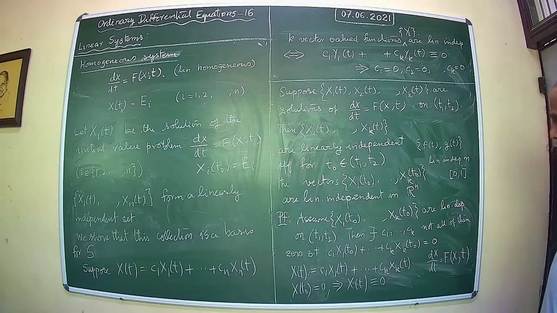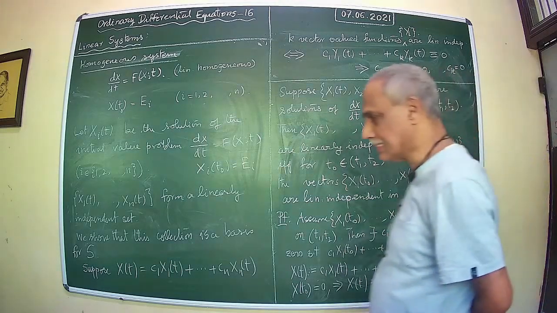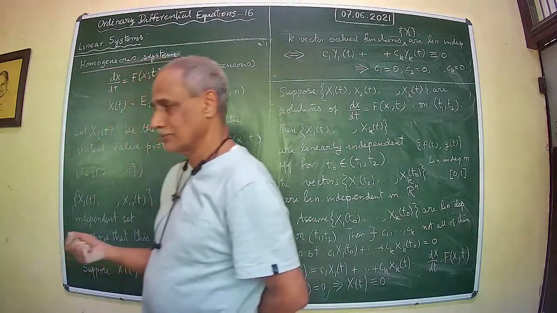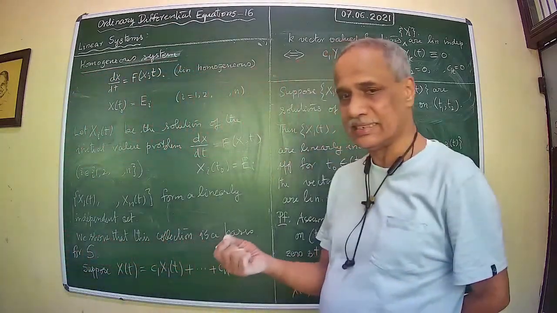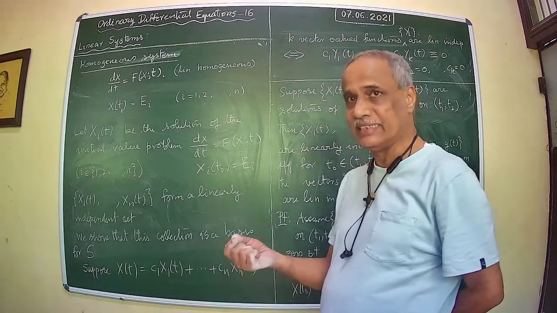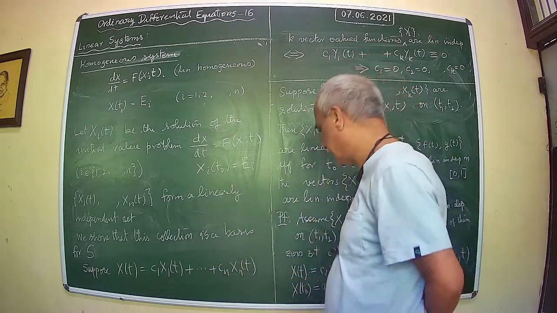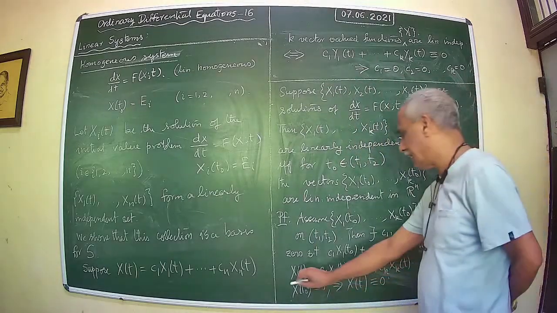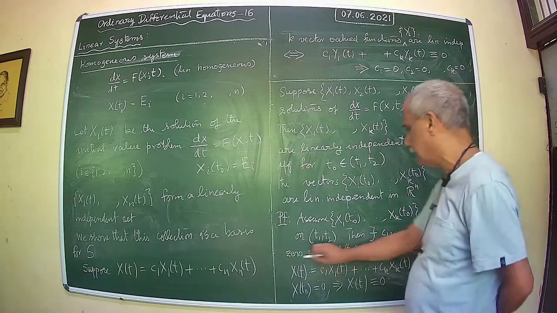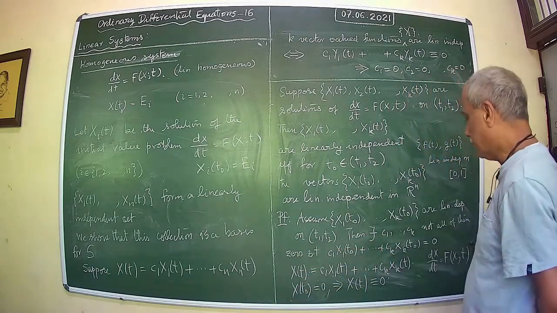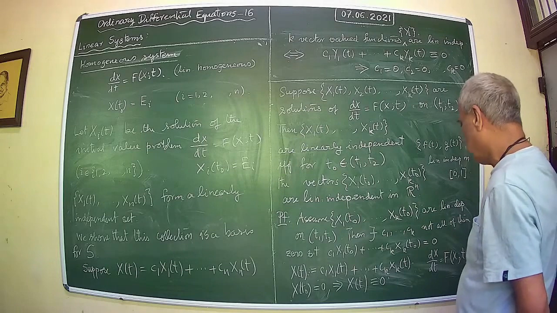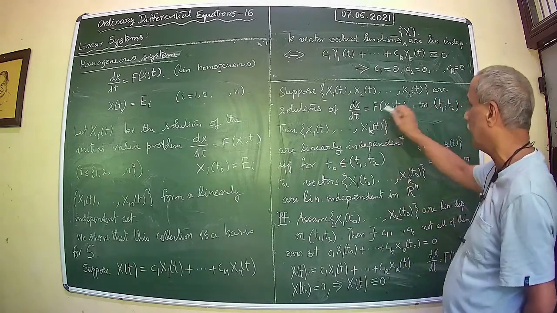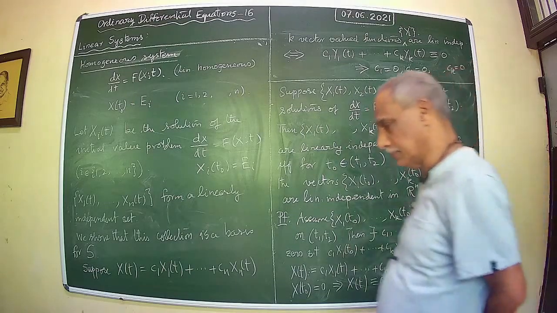Because you know that if your initial data is a zero condition, the initial condition is that it vanishes, then the whole solution vanishes. So x(t) is identically equal to 0. So you see that x(t) is an identically 0 solution of the differential equation.